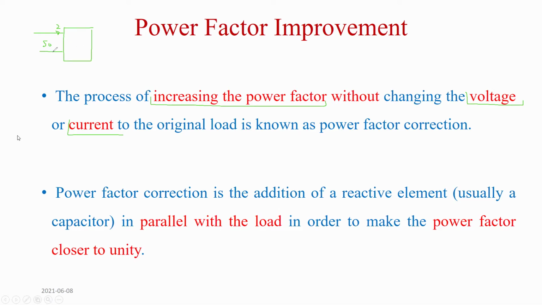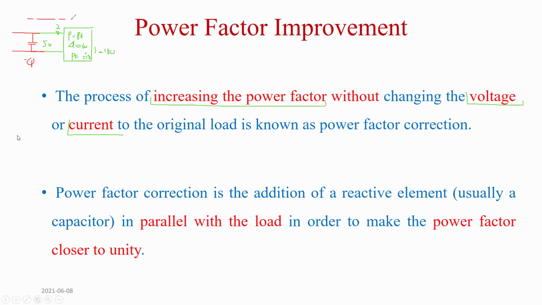We're not changing those values. P is 80, Q is 60, power factor 0.8, S is 100. Those stay. We don't change this, but what we do, we add a capacitor here next to the load. The capacitor is going to give me negative Q. This Q plus this Q, they cancel out, for example, it becomes 0.